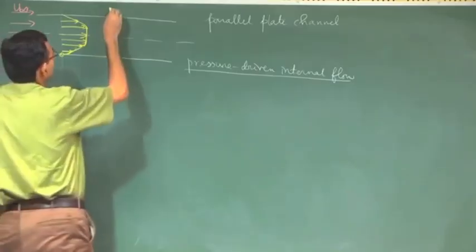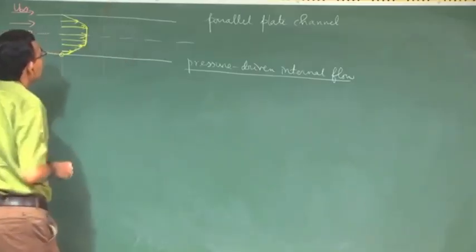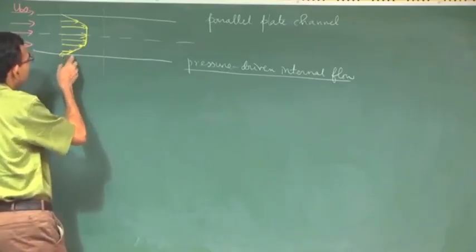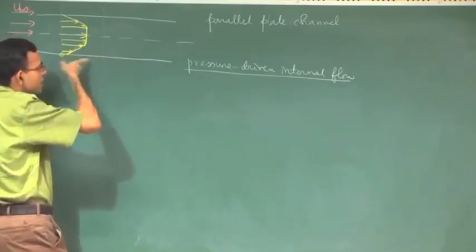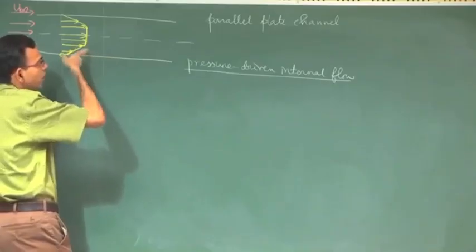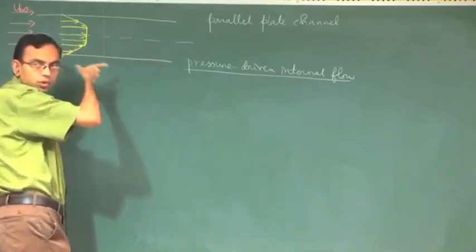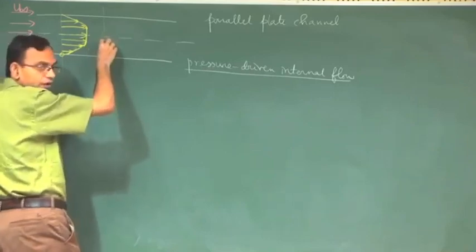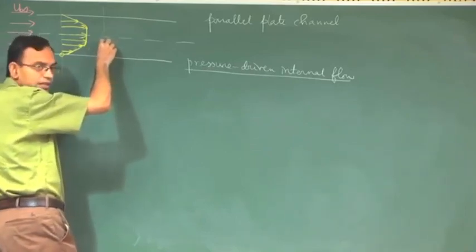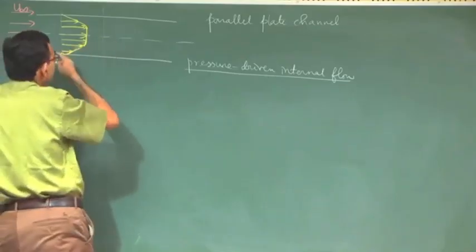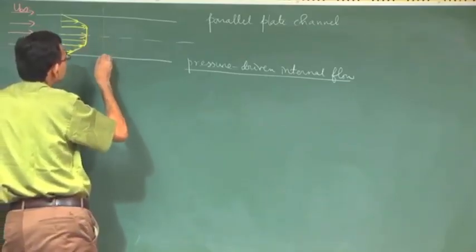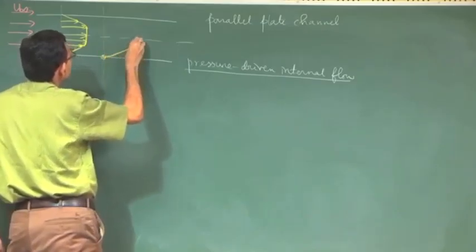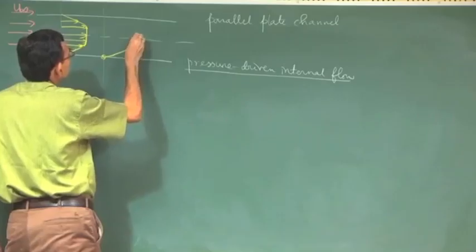You go to a section which is a little bit advanced, you will find that because you have entered more into the channel, the wall effects have penetrated more. That means there will be a greater depth from the wall up to which the viscous effects are felt. So, this velocity gradient will be felt up to here as an example.